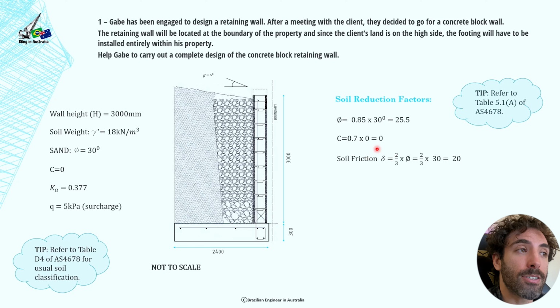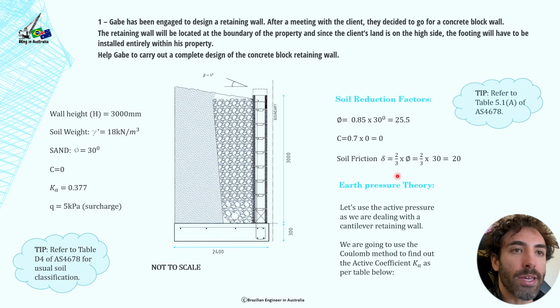But if you're dealing with a soil with cohesion, you would only use 70% of that cohesion. And then here we've got the wall soil friction, or wall friction. It is a common estimate for this parameter to use 2/3 of the internal angle of friction. You might want to research and see if you need to use another value for your specific scenario.